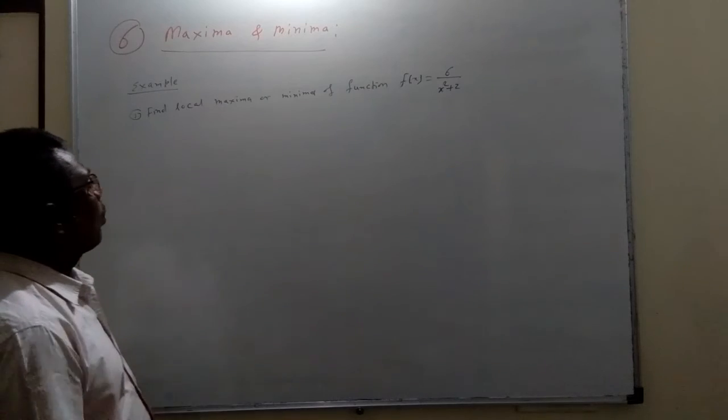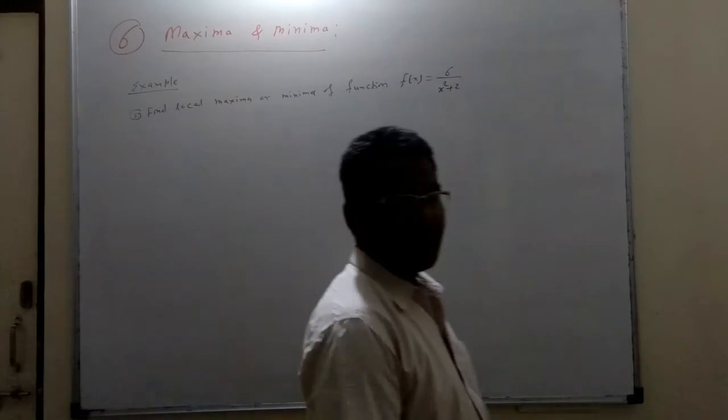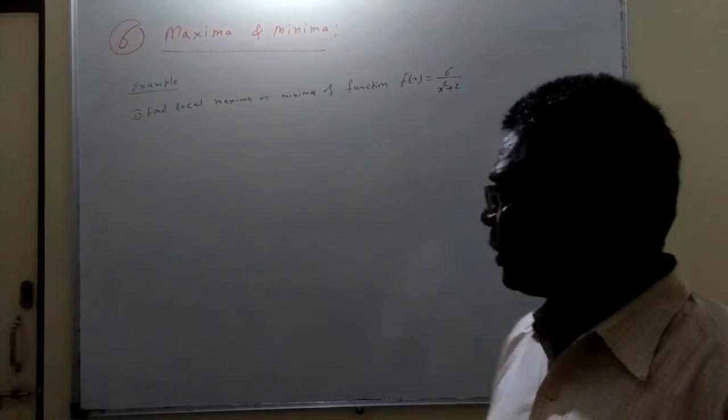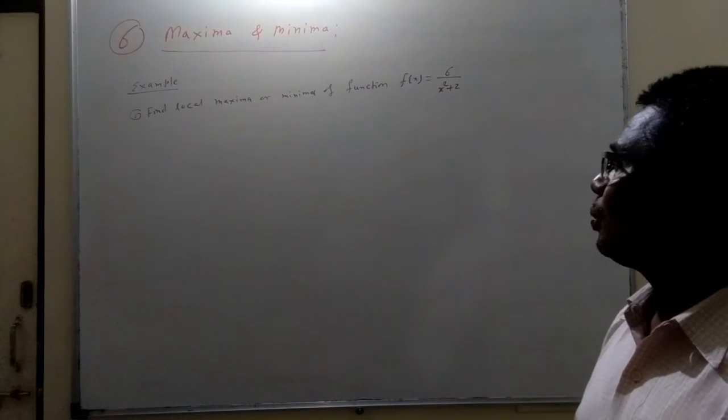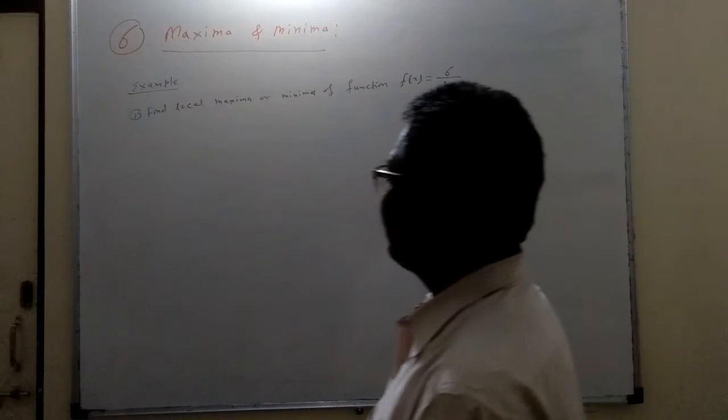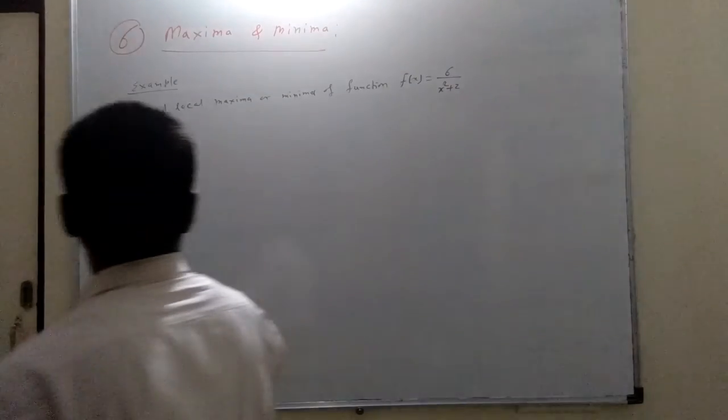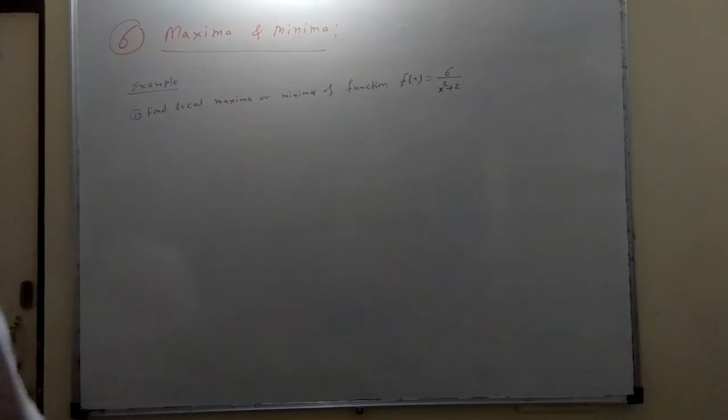You know for maxima, the function is maximum at x equal to a if f dash a is equal to 0, and f dash a minus h is greater than 0, f dash a plus h less than 0, then the function is maximum.